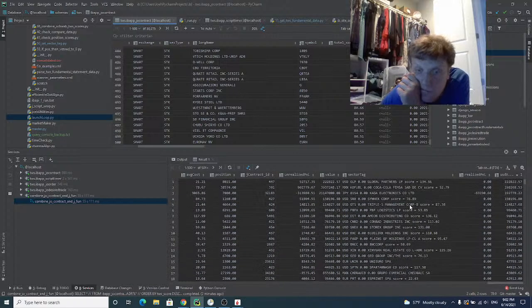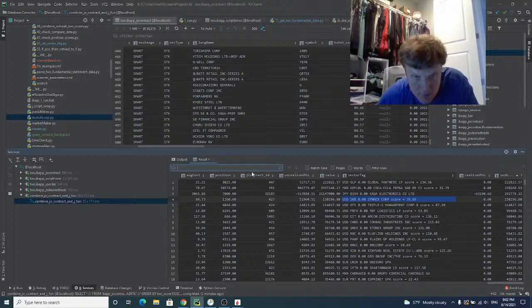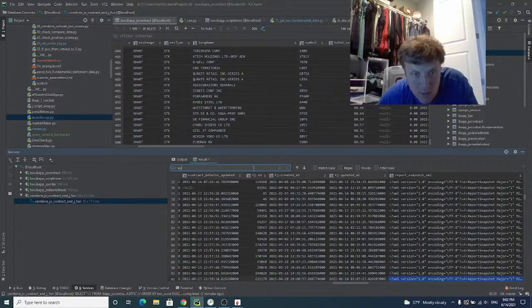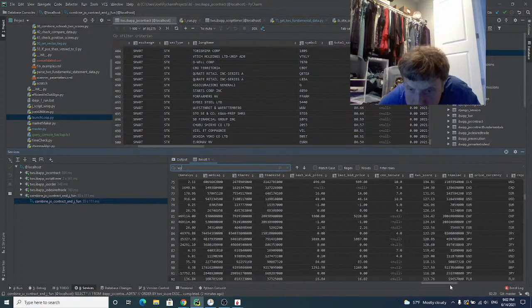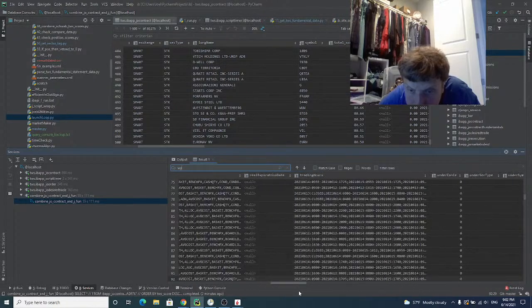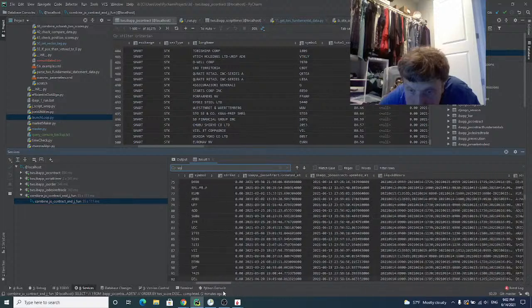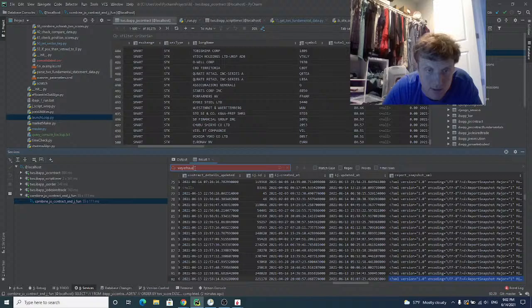Oh, now I can do it. Control F. WY. Okay. That should be Weyerhaeuser. Is that WY? No, I'm going to type in Weyerhaeuser. Not even showing up. Oh, very interesting.